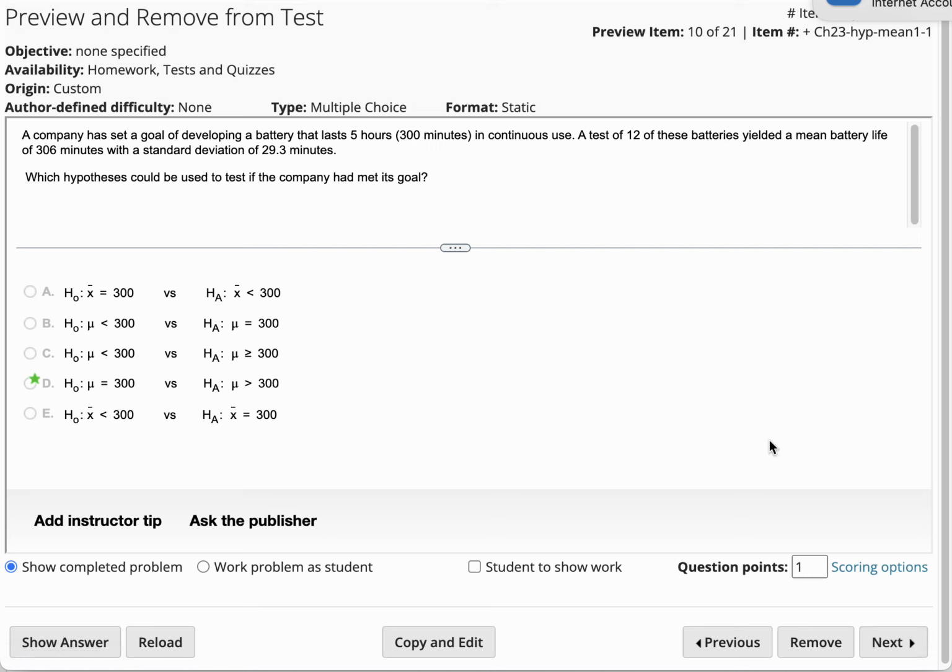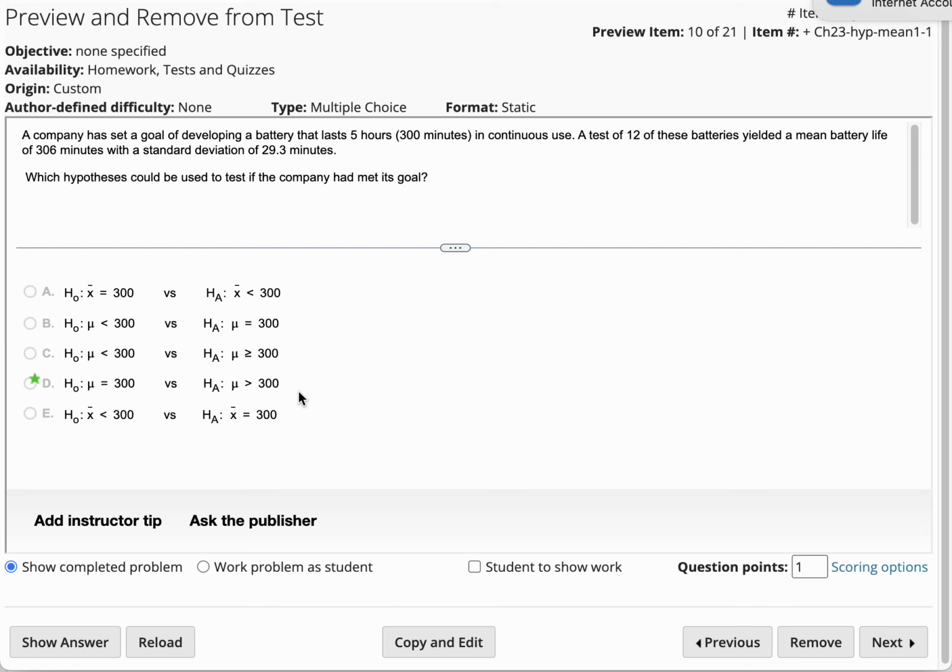A company set a goal of developing a battery that lasts at least 5 hours, which is 300 minutes, in continuous use. So a test was conducted on these batteries, and it came up with 306 minutes, a little bit higher. So which hypothesis could be used to test the company met its goal?